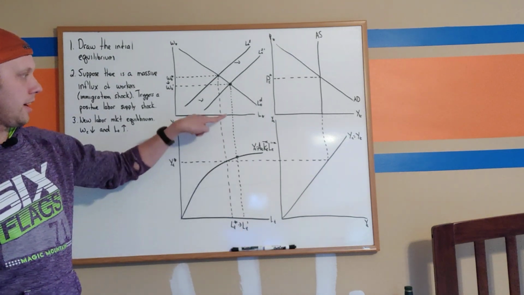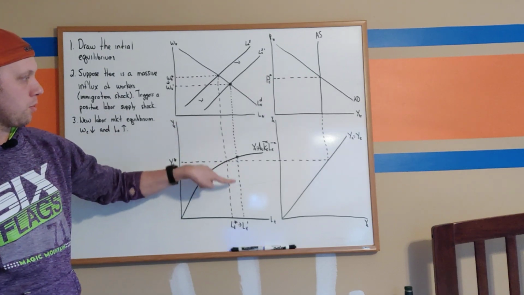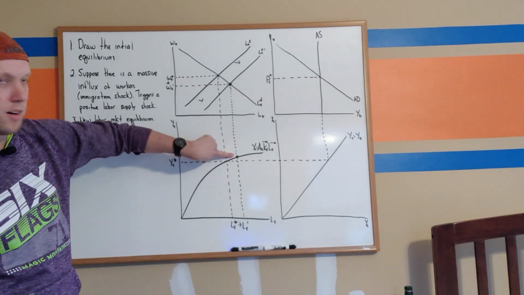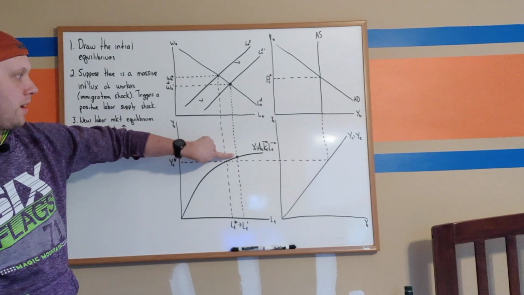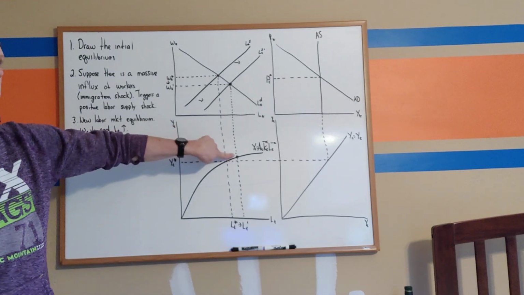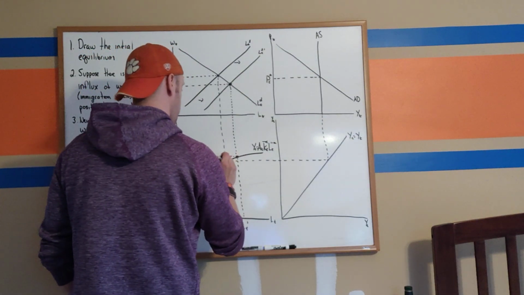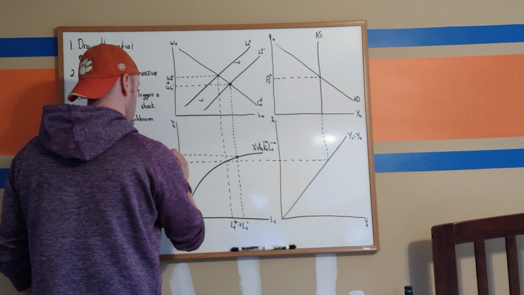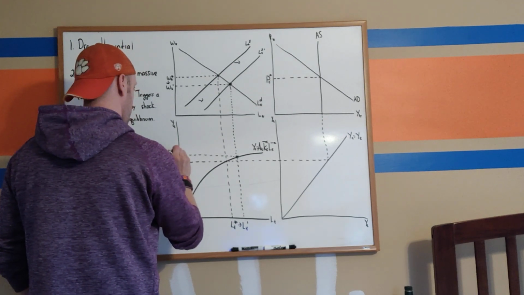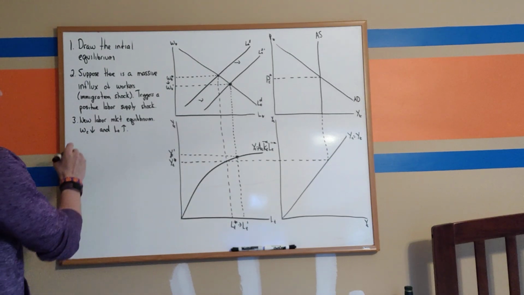Now along this dotted line, somewhere in this graph, it's going to be crossing with where the production curve is, which is right here, this little black dot here. So this little black dot, this is the new amount of production that's being made. So output increases.